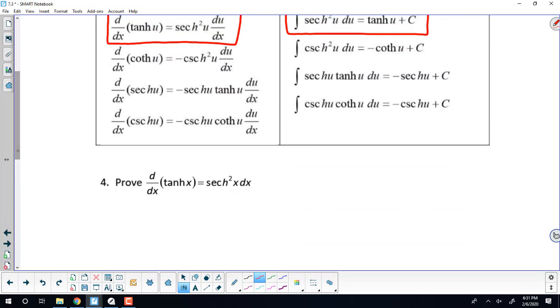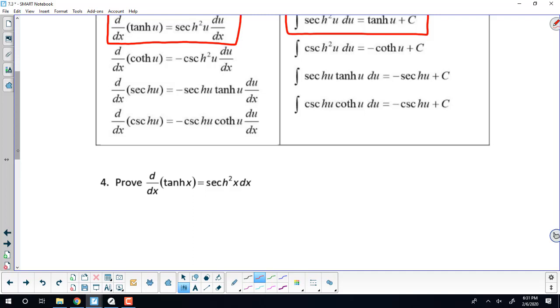Another parallel is, if we have to prove that the derivative of hyperbolic tangent is hyperbolic secant squared, there are a few routes we could take. We could ask what the exponential definition of hyperbolic tangent was, and then try to compare that to the definition for hyperbolic secant squared, but we don't have that.